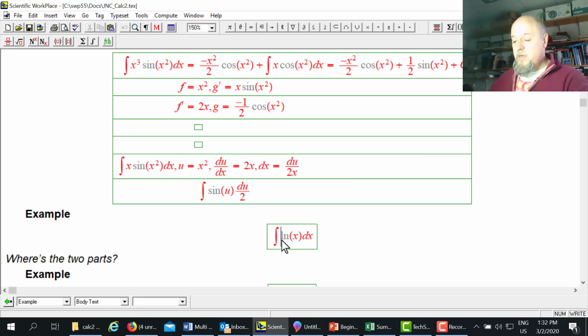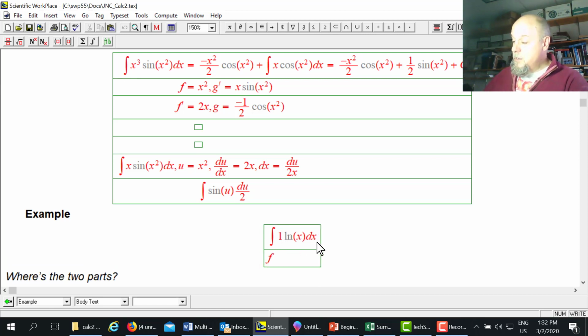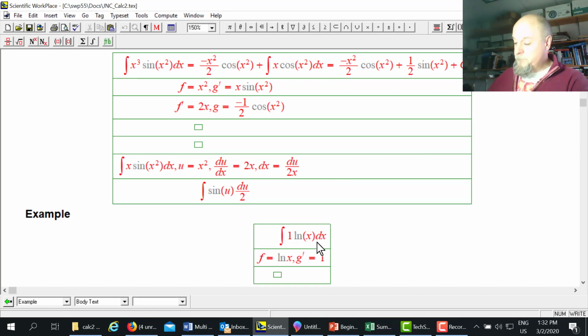So I want you to think that there's a 1 in front of there. That way, I'm going to do the same idea. I'm going to make the f ln, because I can differentiate ln, and I'm going to make the g prime the 1, because I can integrate it.